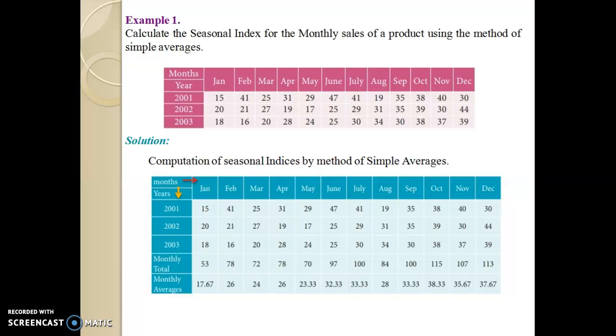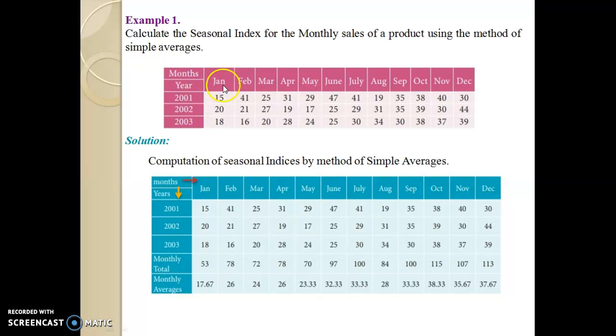The given example is to calculate the seasonal indices for monthly sales of a product, that is 12 months, using the method of simple averages. The given data is the months and years 2001, 2002 and 2003.